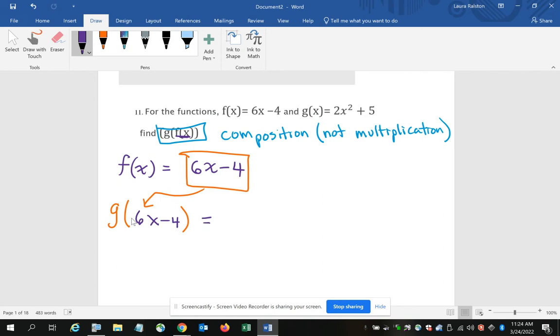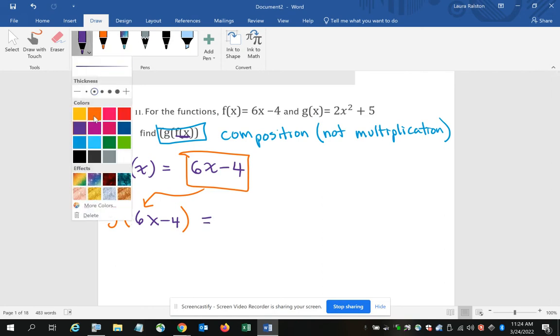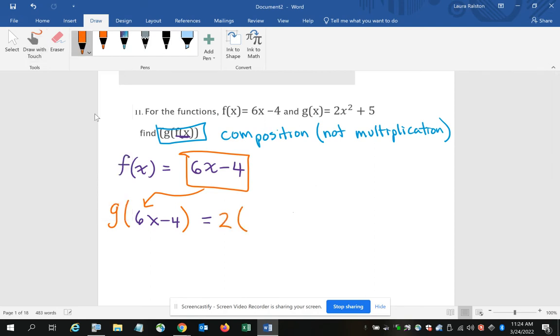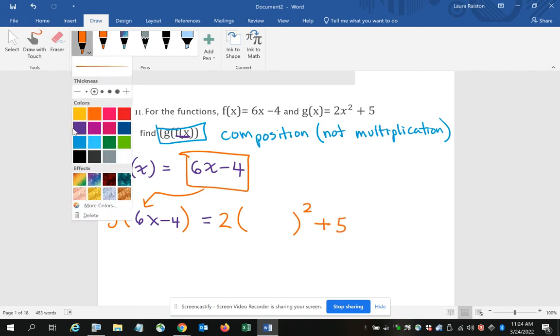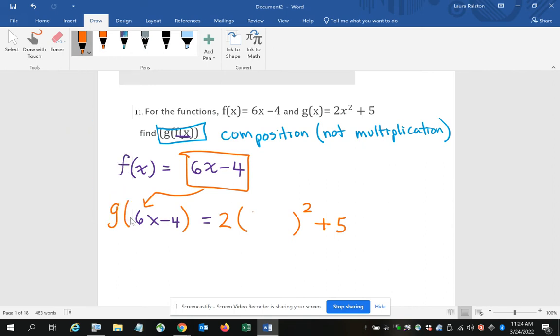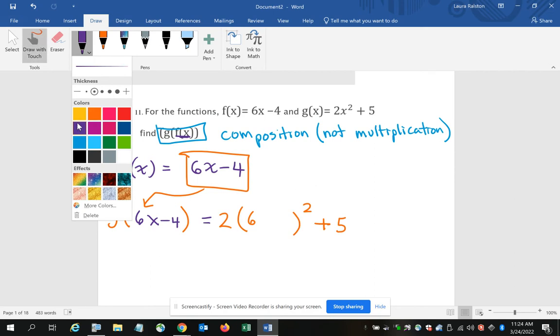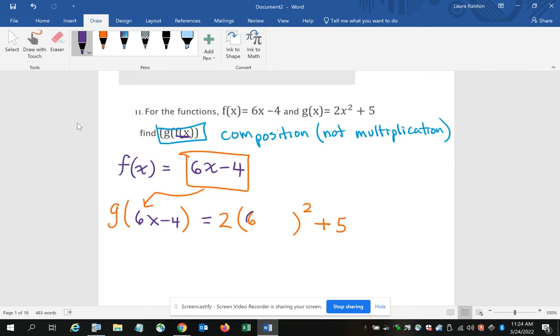So I would have, and I'm going to try to color code this for you, 2 times the x squared plus 5. Well, the x is 6x minus 4. Okay, so then I've got to do some math. I've got to square this binomial.